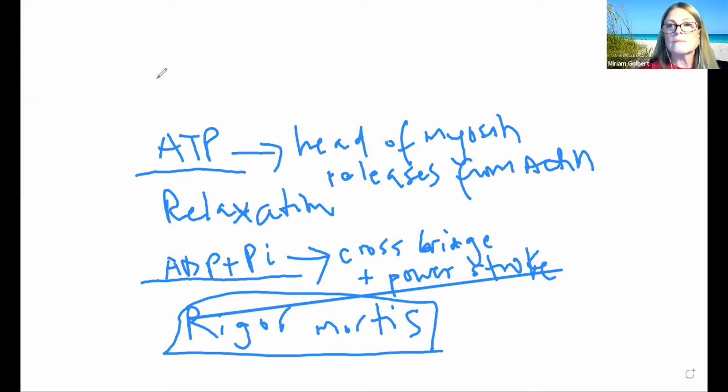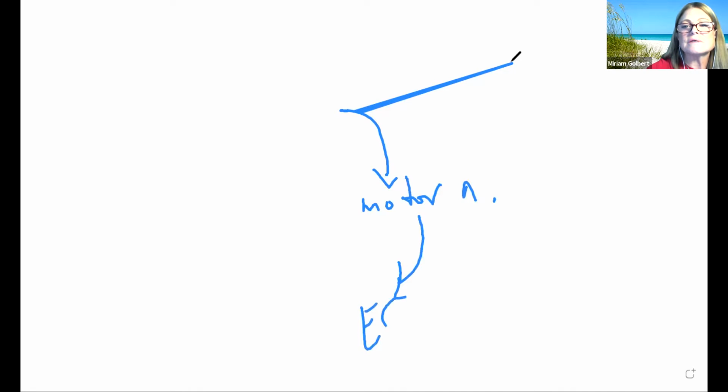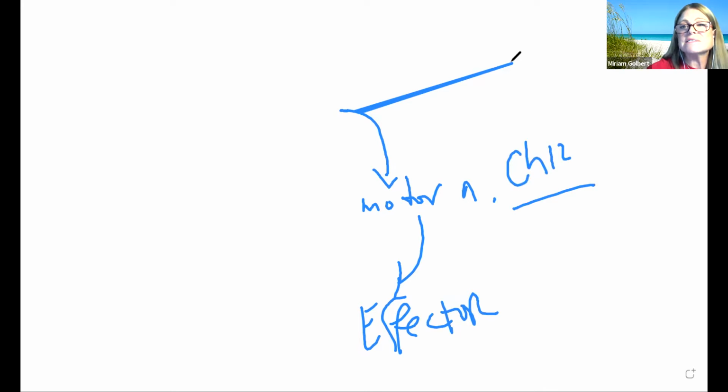So just to refresh your memory from the reflex arc, we are on this side of the reflex arc. Motor neuron, effector. So this is your chapter 12, you guys. Just that side of the reflex arc, right?